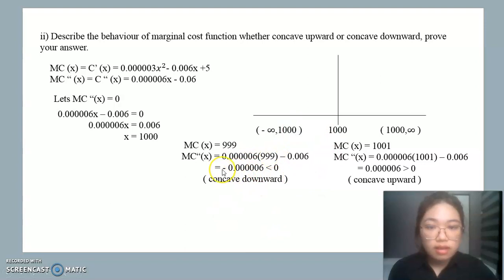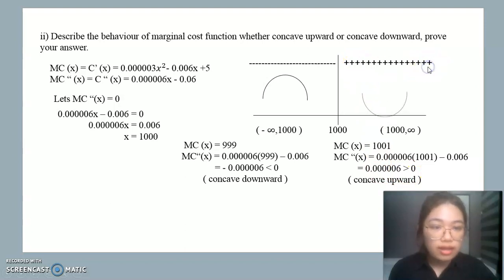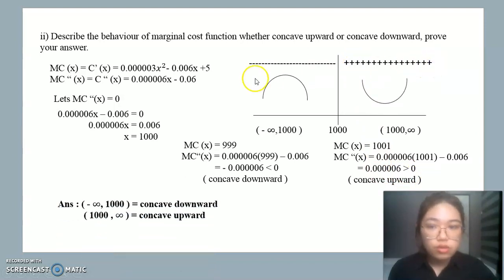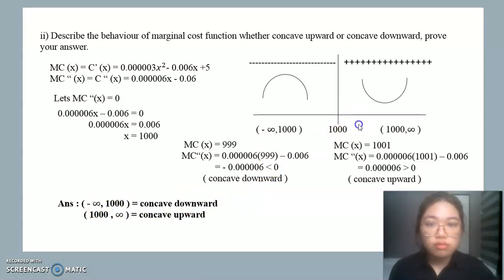So we have negative 0.0006, which is less than 0, which means it is a negative sign for this interval, and it is concave downward. And then for here, we get 0.0006, which is larger than 0, and this is a positive sign here, and then this is concave upward. So for the answer, negative infinity to 10 is concave downward, and 10 to infinity is concave upward.